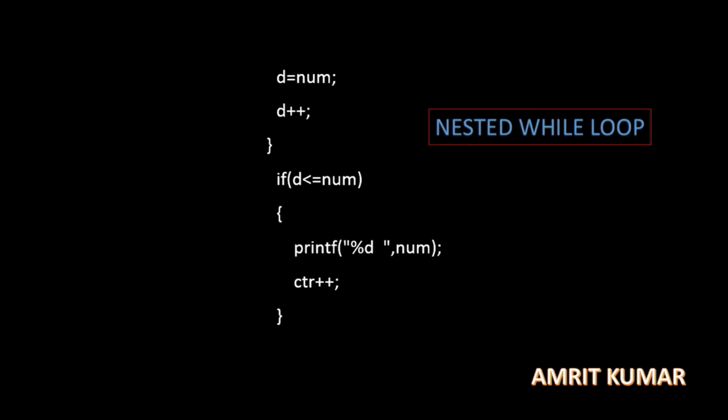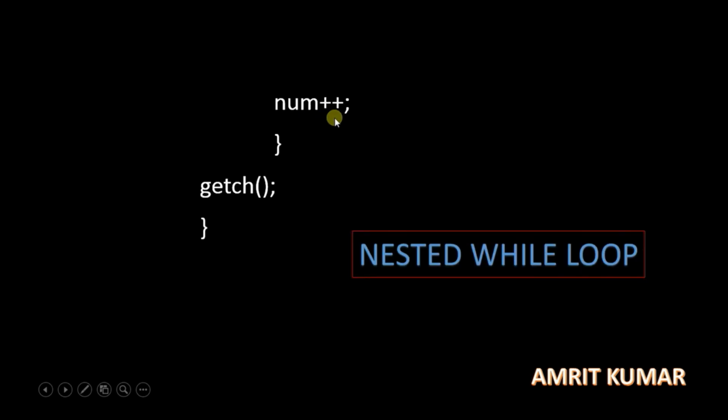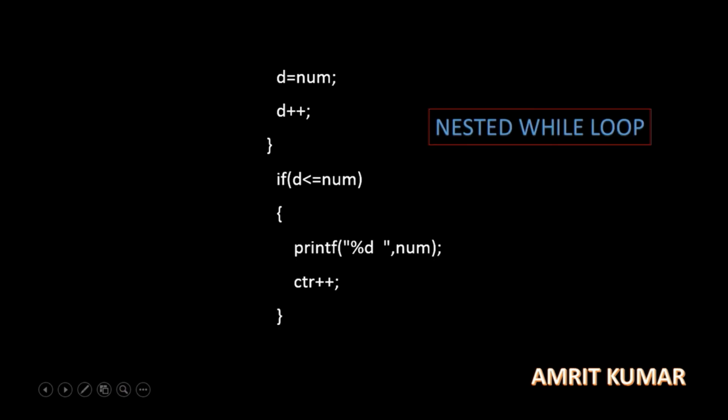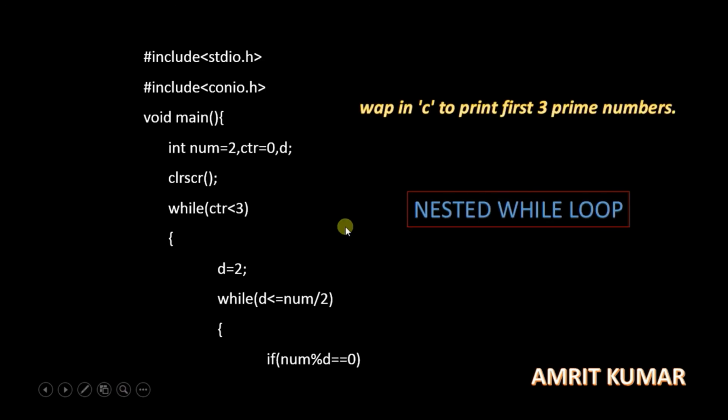Otherwise, it is going to increment num with num plus plus, which increments the value of num by 1. So this is the logic behind the nested while loop concept in the program in C language to print the first three prime numbers.